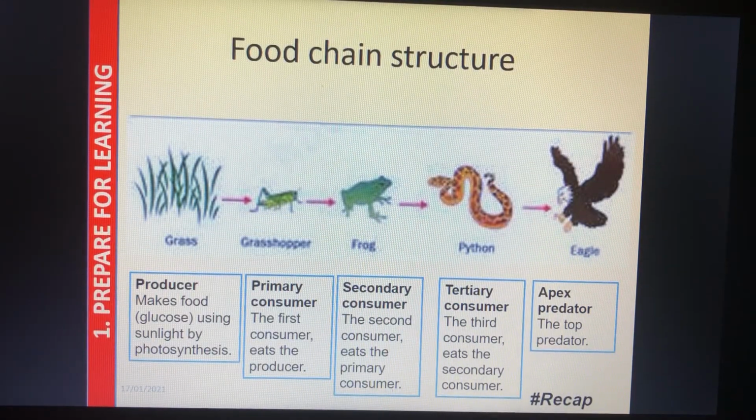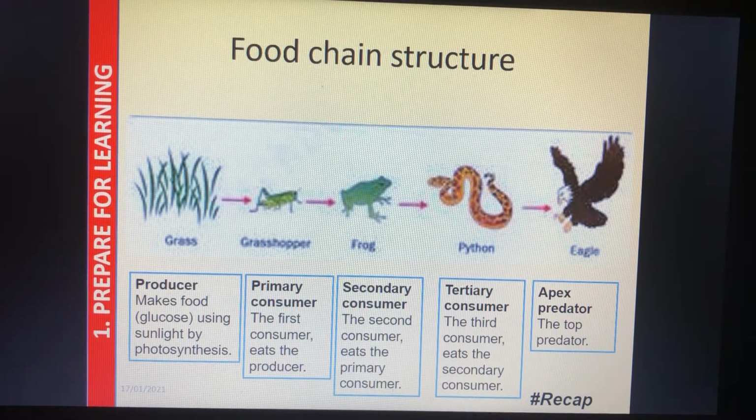Okay, this should be fairly straightforward. I think we should know this from our work in Key Stage 3. Again, this is probably something where you might not write any notes, but you might choose to write something. Okay, the apex predator is also known as the top predator, the one that doesn't have a predator of its own.